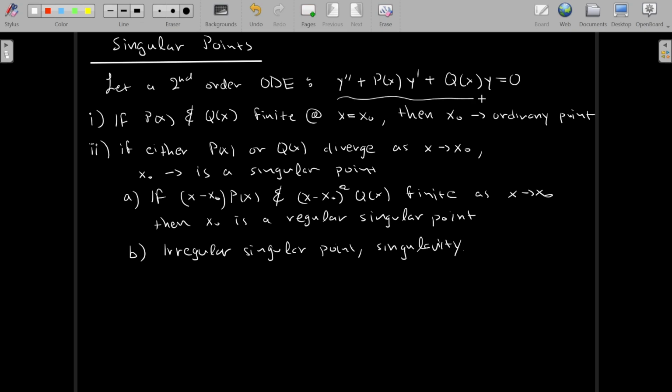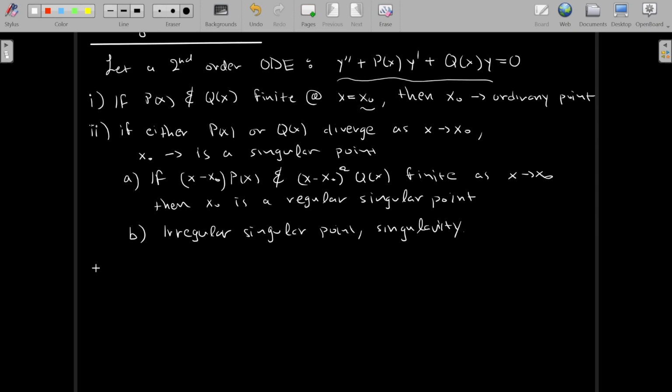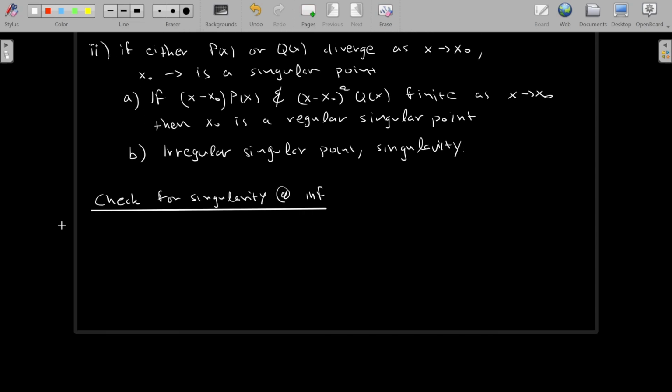Now, when this point is at x0, but what happens at infinity? So, to check for singularity at infinity, it is possible by transforming x to 1/z.